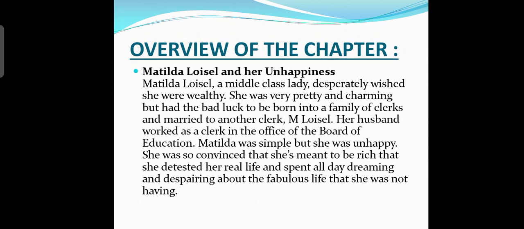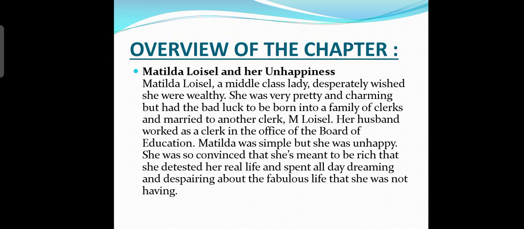Matilda Loisel, a middle class lady, desperately wished she were wealthy. She was very pretty and charming, but had the bad luck to be born into a family of clerks and married to another clerk, M. Loisel. Her husband worked as a clerk in the office of the Board of Education. Matilda was simple, but she was unhappy.